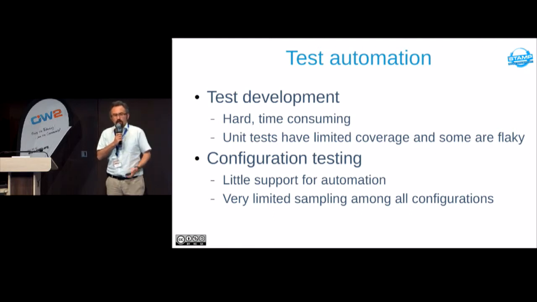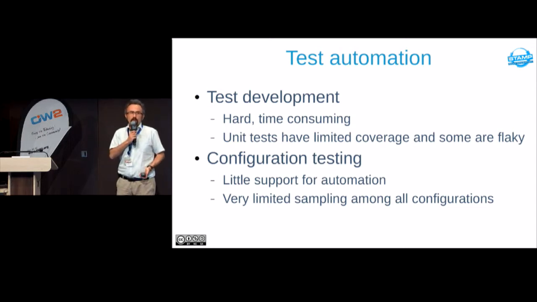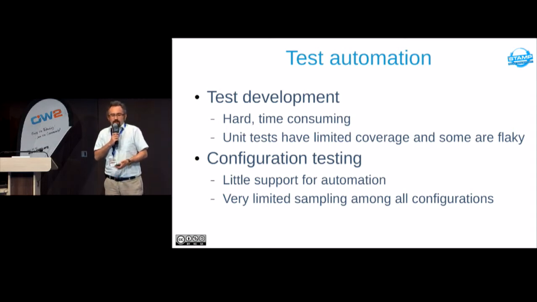I don't know any software which is able to cover everything with its unit tests. So it's a difficulty. And some tests are flaky. What are flaky tests? Tests that one time pass and another time fail. Which is a good one. So it is a concern that STAMP will help to address.